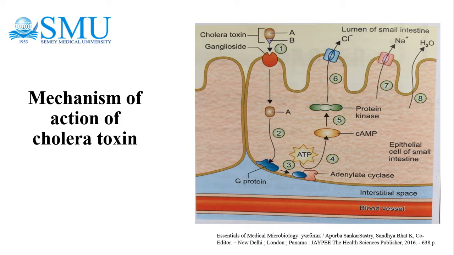Water moves passively into the bowel lumen to maintain osmolality, which leads to the accumulation of isotonic fluid that results in watery diarrhea. Loss of fluid and electrolytes leads to shock due to profound dehydration, and acidosis due to loss of bicarbonate.